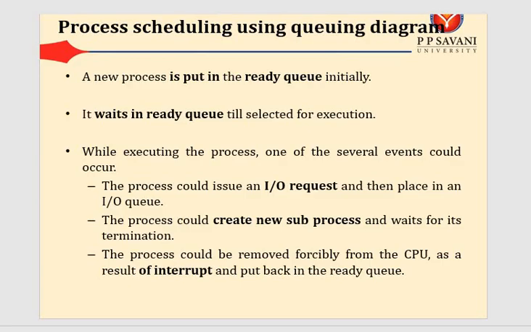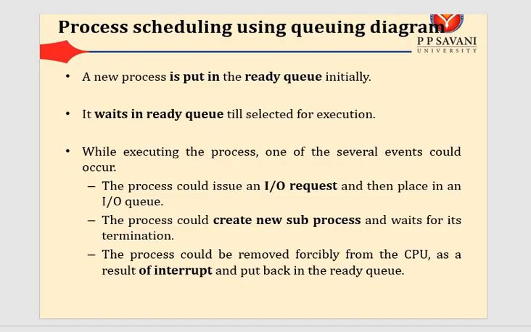Now we simply have to understand that whenever a new process is put in the ready queue initially, it waits in the ready queue till it is selected for execution. Next, while executing the process, one of several events could occur.